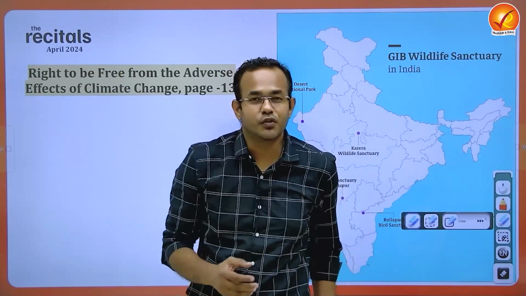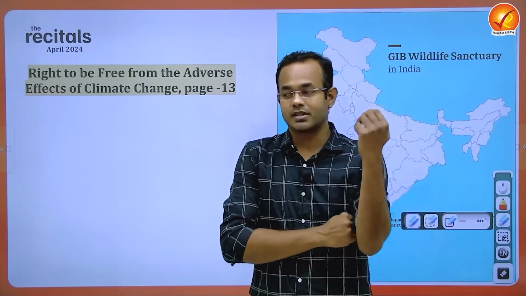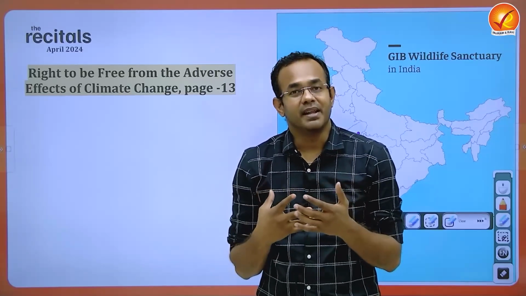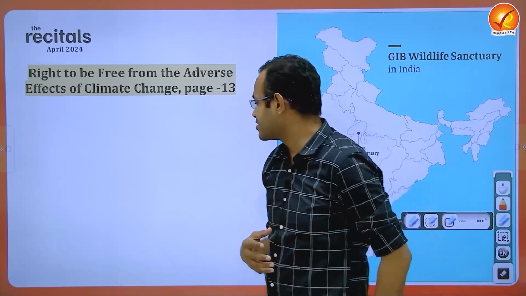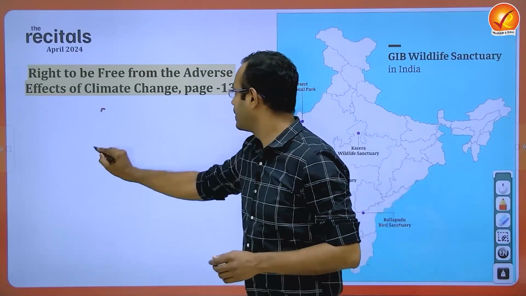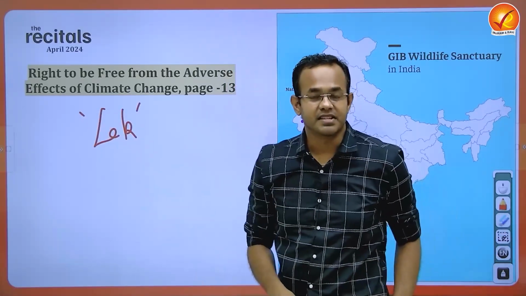The floricans are known for a particular kind of breeding system. During the times of monsoon, they engage in breeding, and the breeding system is called lek breeding system.